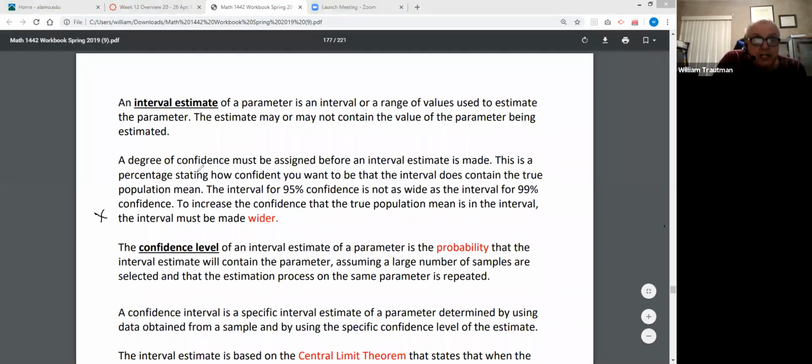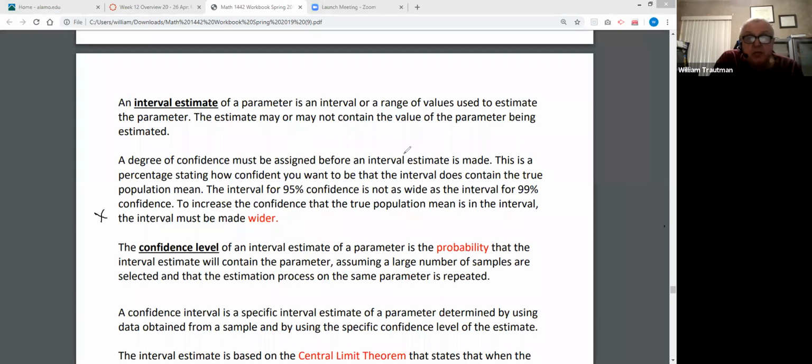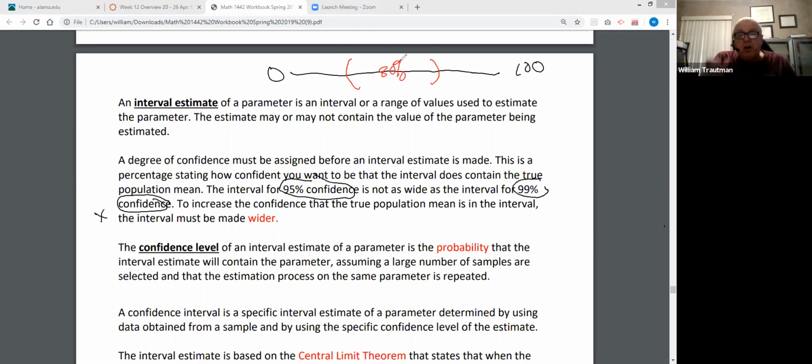Let's take a look at this: a degree of confidence must be assigned before the interval estimate is made. You could be 95% confident, you could be 99% confident. Basically, if we look at grades on a test from 0 to 100, if I say I'm 80% confident, that means I can probably fall within this range.